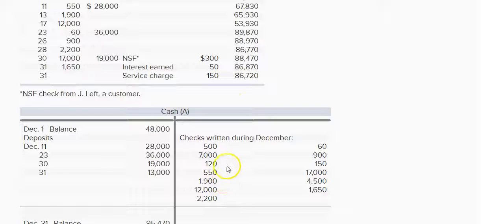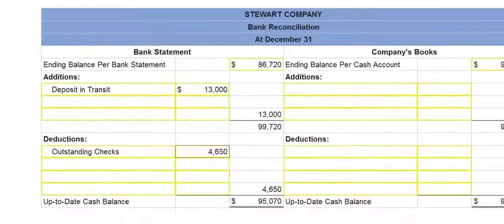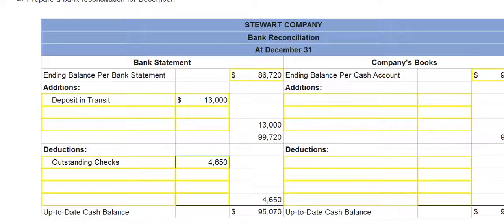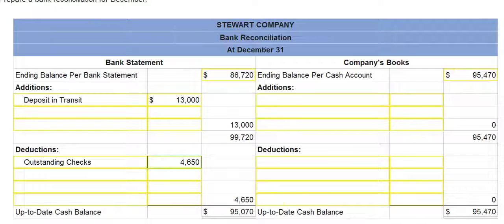I do see $150 here, there, but that was for a check that was written, so it's not the same thing. These three things are not yet in our cash T account, so we need to put them on our side of the bank reconciliation to make sure the information that we have at the bank and on our records matches.